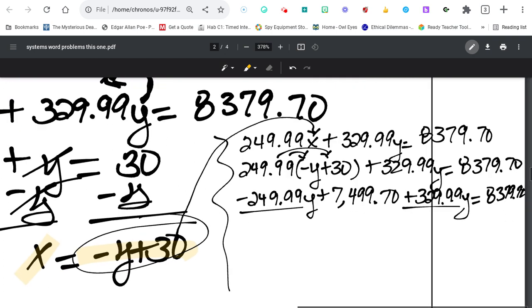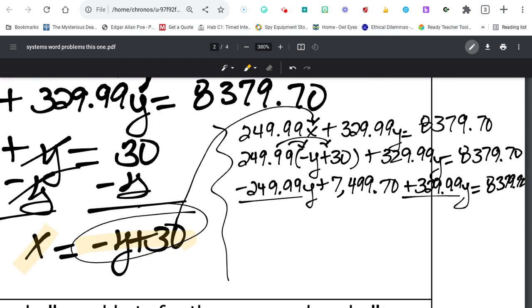329.99 minus 249.99 equals 80, so I have 80y when I combine those two, plus $7,499.70 equals $8,379.70. Now I'm just going to subtract this from both sides.